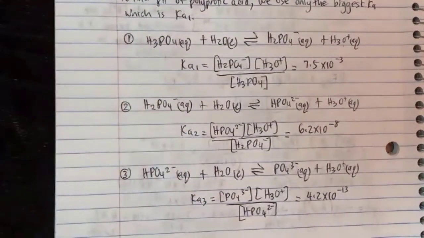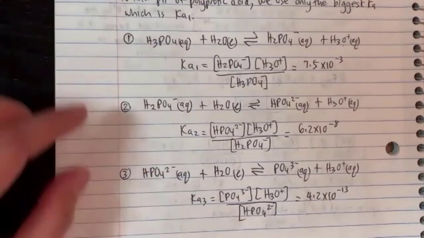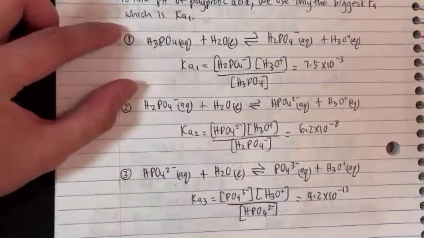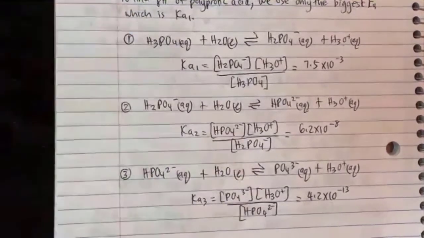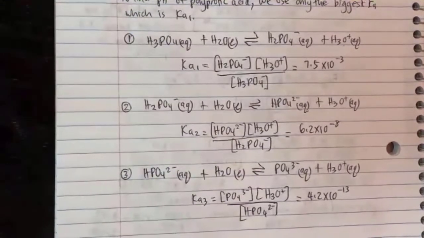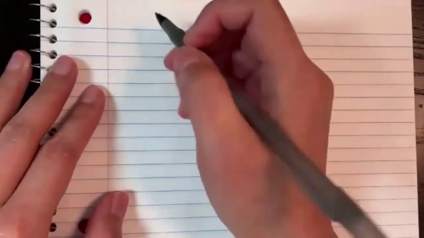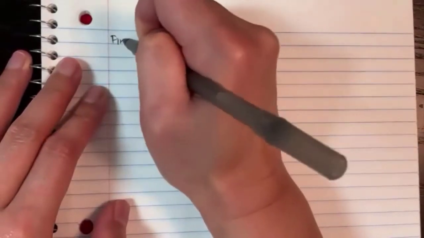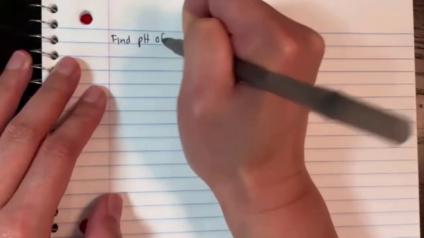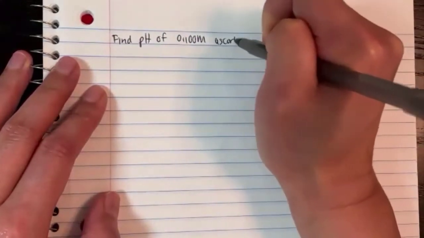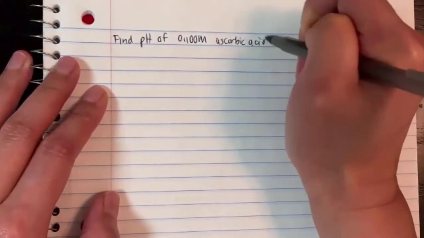So I wanted to give you a question here. If I give you a question with H3PO4, you literally work with the first one. Okay, so I'm going to give you a question now with ascorbic acid. Okay, let's go ahead and write that question out. So it says find pH of 0.1 molarity ascorbic acid.